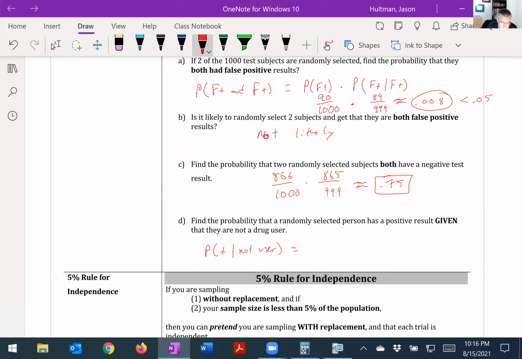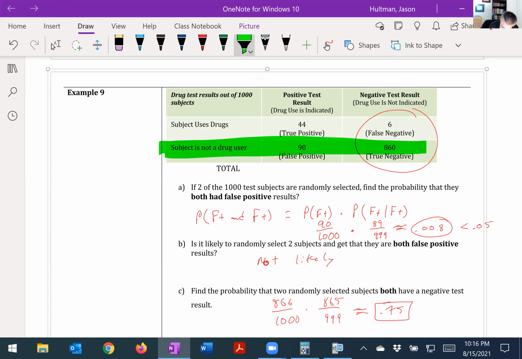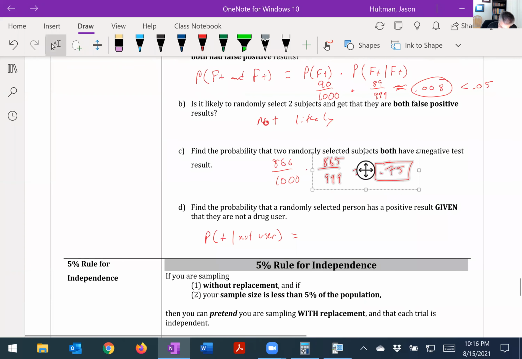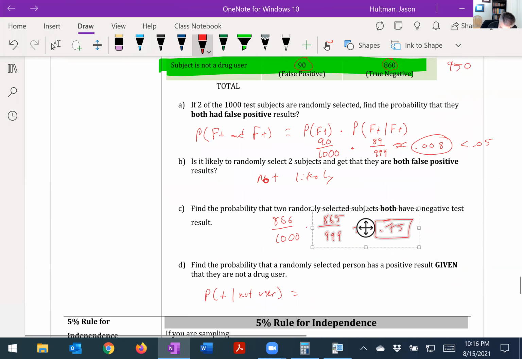By that given, we only are going to focus on the non-users, so we need to know how many people that is. If I add the 90 and the 860, that's 950 people. So the probability of a positive test result is 90 out of the non-users. That's 90 out of 950.